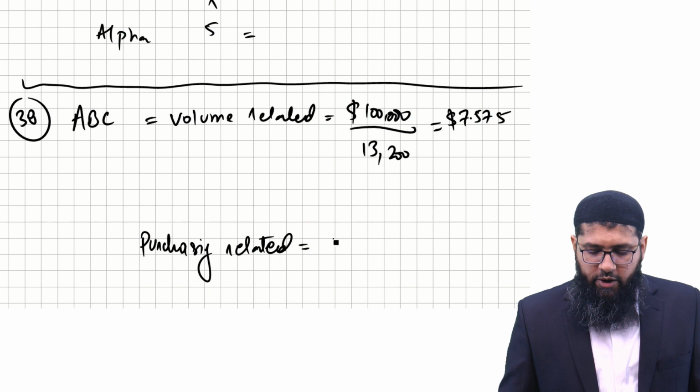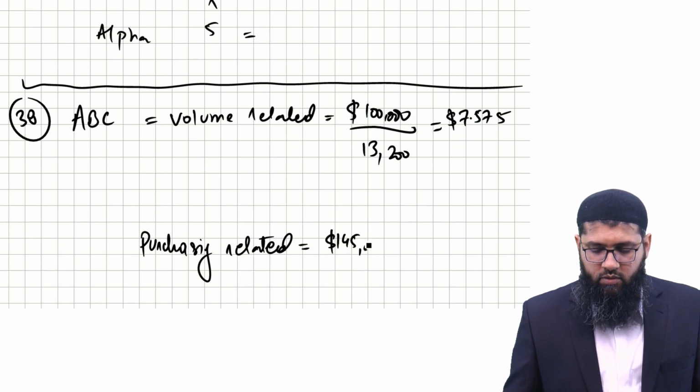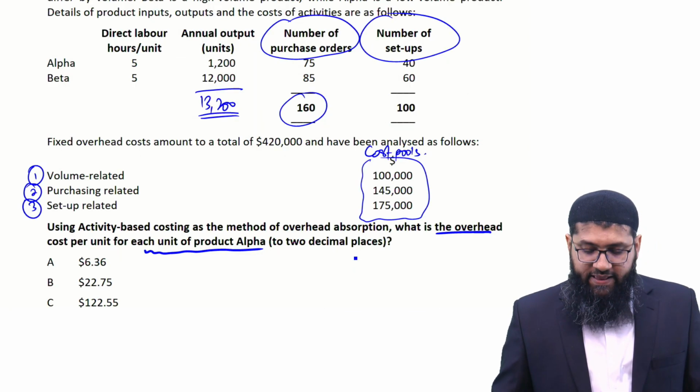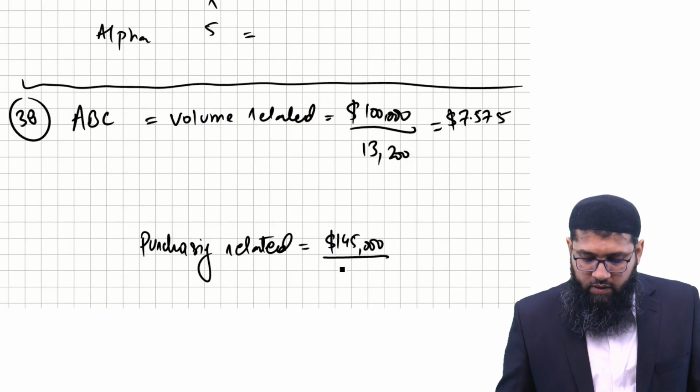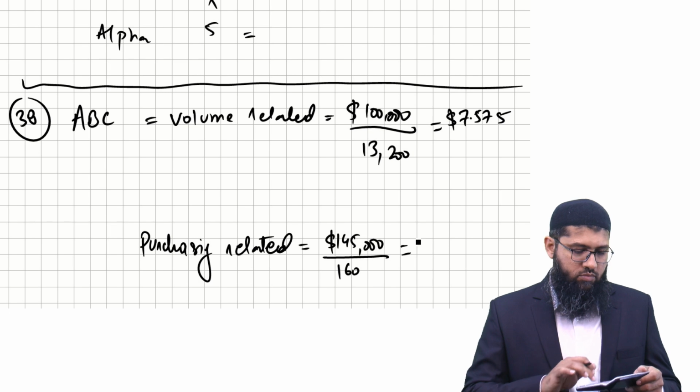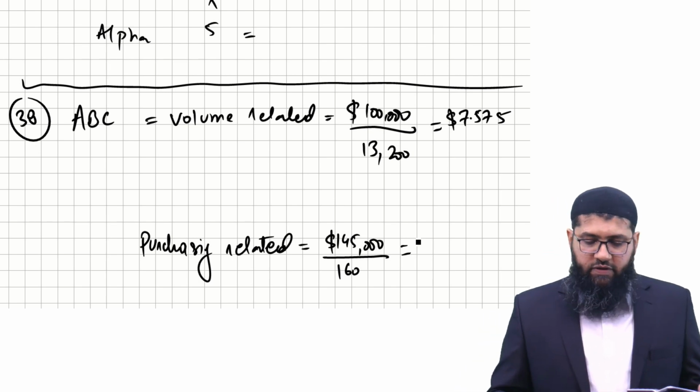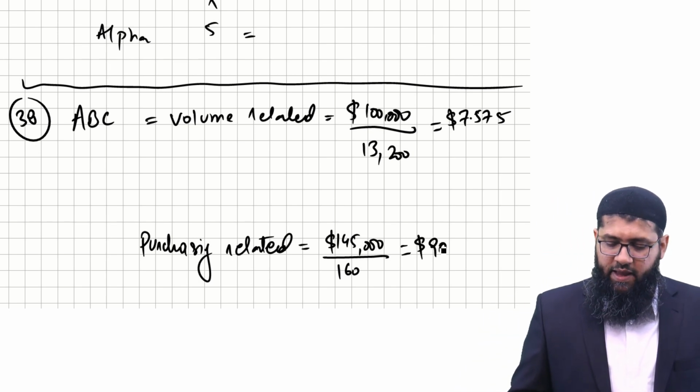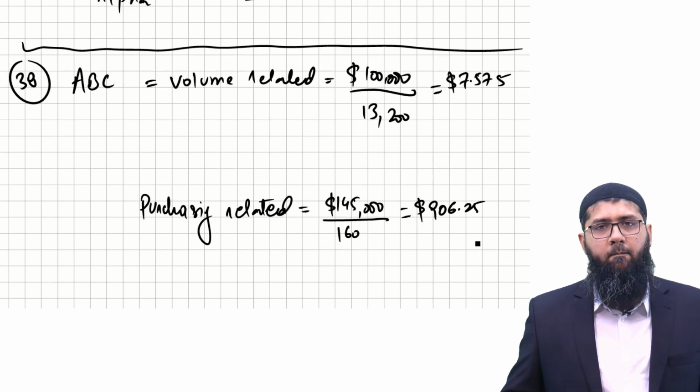When you're going to talk about it, you would say 145,000 divided by number of purchase orders, which is 160. So resultingly, this is going to become 906.25.